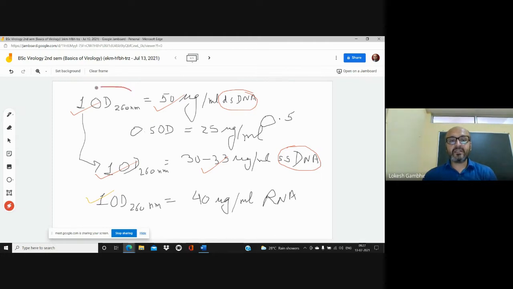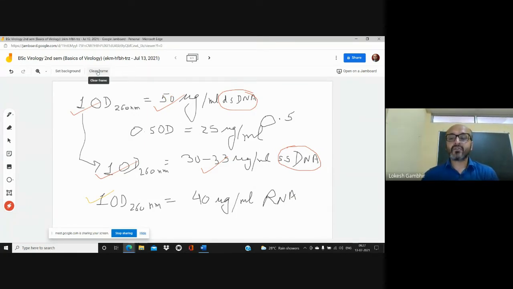So these are the standard sets by which we calculate the concentration of nucleic acid. Even if you don't remember these, you can use the formula absorbance equals epsilon, concentration and L, and based on that formula itself, we have attained these standard values. So we have given you a simple standard. If you get any kind of OD, and if you are using double strand DNA, you can directly calculate from this value. So always remember this particular aspect.